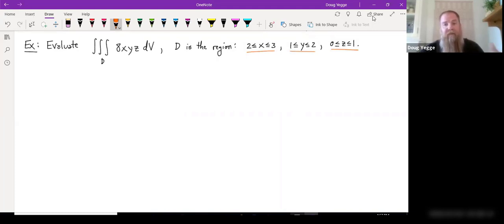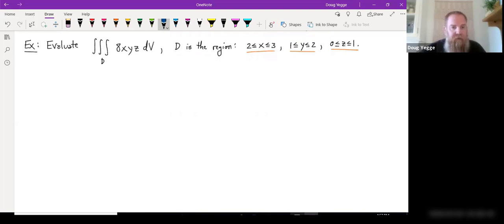If the x's, y's, and z's all range within a constant frame, a constant cube, then we know that we're going to be able to integrate this function over that cubed region. We're not always going to be so lucky, but we'll take a look at that in a few minutes here. So let's just go ahead and start by choosing an order, and let's just say dz, dx, dy.